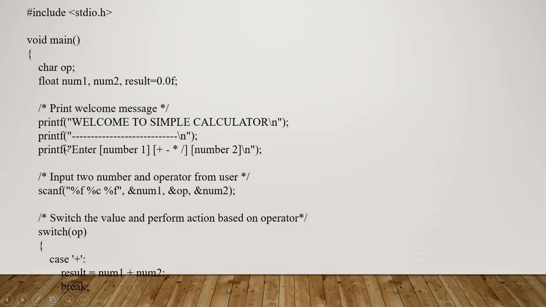These statements will print as they are as output. Scanf allows the user to enter the value. The user will enter the particular operator with the help of this variable. This gets stored within the switch, and cases are over here.